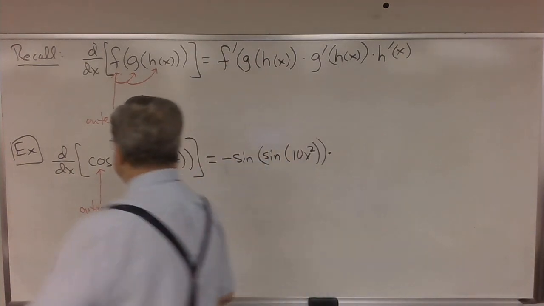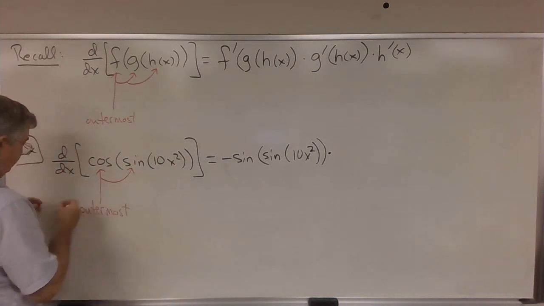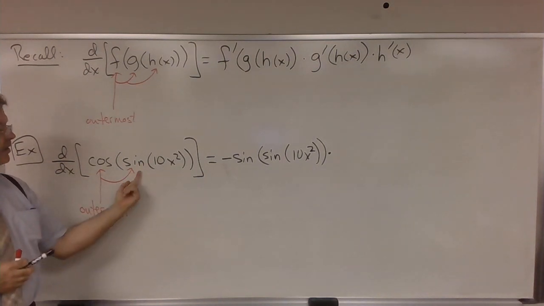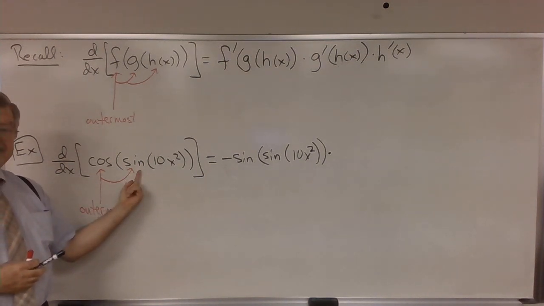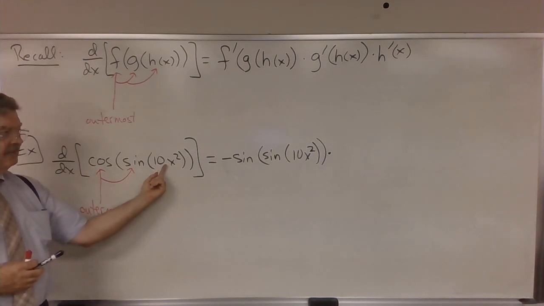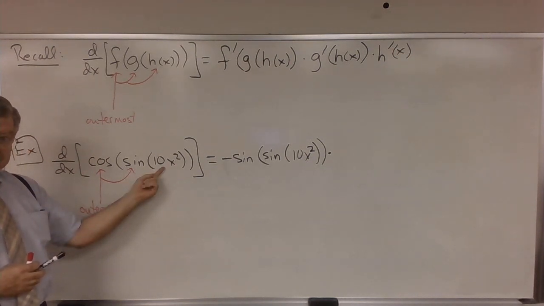Now what we do is we move to the next outermost function, sine evaluated at something. We compute the derivative of the next outermost function, evaluated at everything inside of it. What's the derivative of sine evaluated at something?